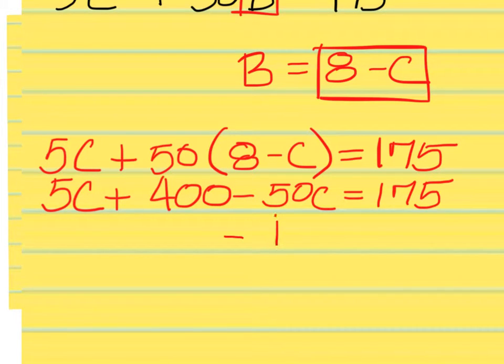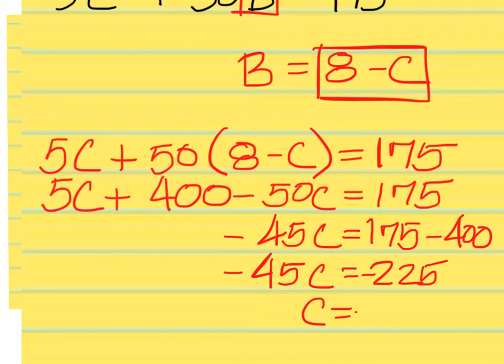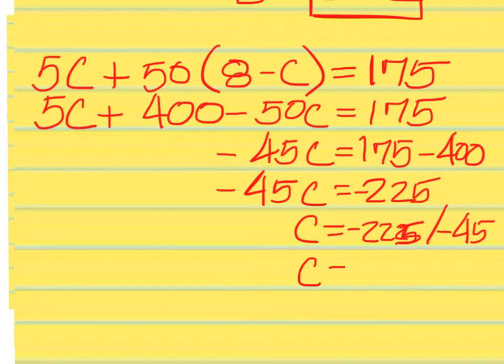That is minus 45C. And then 175 minus 400. 175 minus 400 is negative 225. So a negative 225 divided by a negative 45 is going to give us what? 225 divided by 45 is indeed 5.